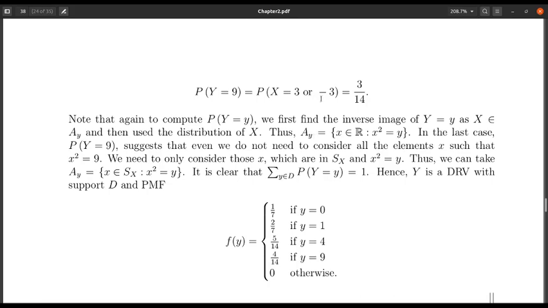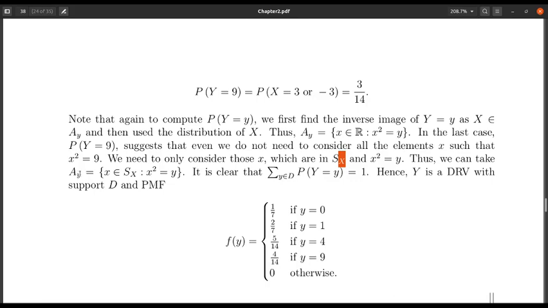So notice one thing, at least for this example: we do not need to consider minus 3 here, because the probability that X equals minus 3 is 0. What does this mean? It means I do not need to consider all x belonging to R such that x square equals y. I only need to consider those x which belong to the support of X and for which x square equals y.